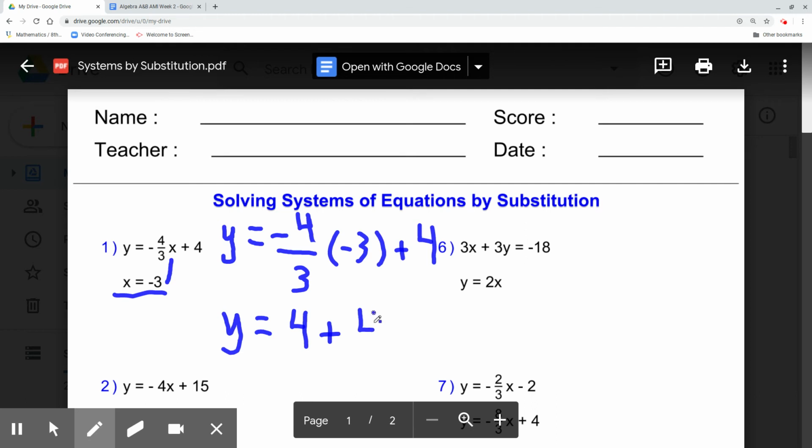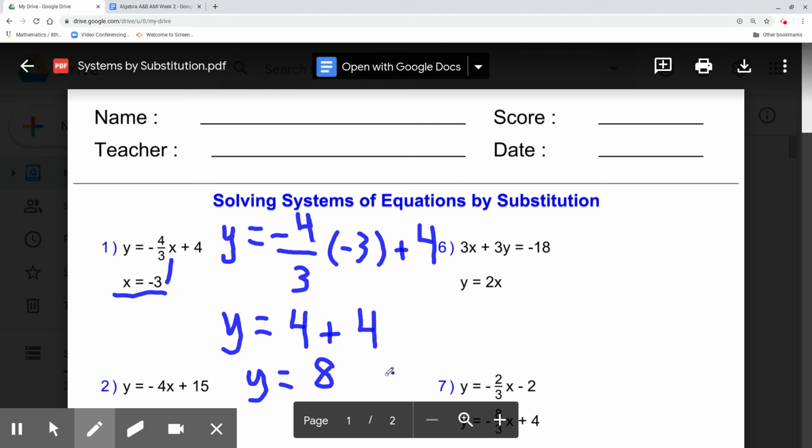So now we know that y is equal to 8. I'm writing on screen, so it's a little slower than usual, guys. Bear with me. All right, so we have y equals 8.